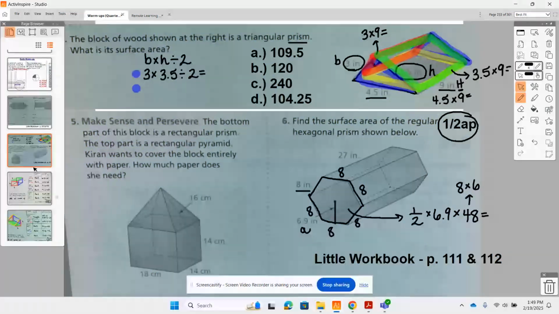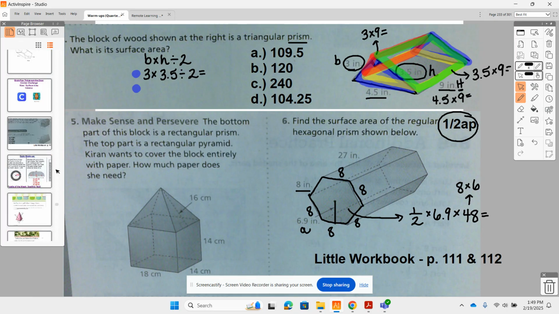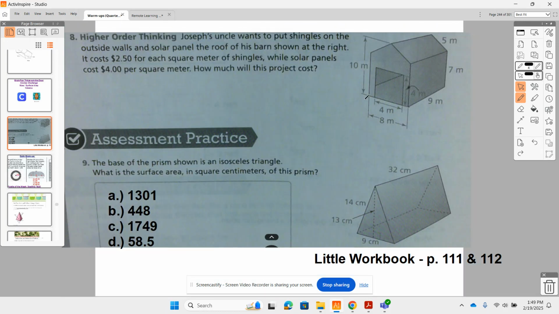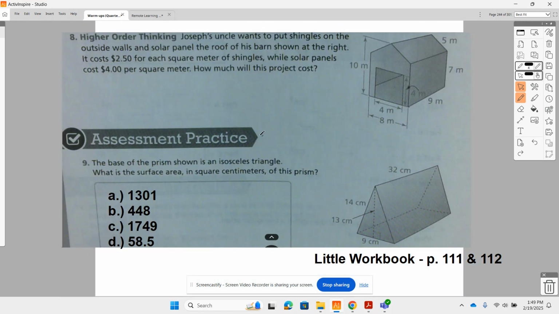One more thing I wanted to talk to you about, because this question is definitely going to challenge you, and that is this question right here about the barn. I want you to notice that the front of this barn is going to have to be broken into several different pieces.